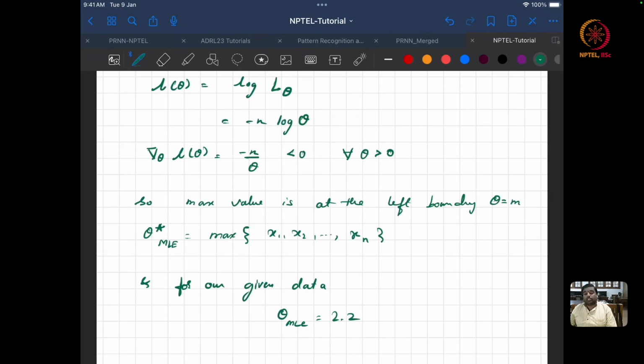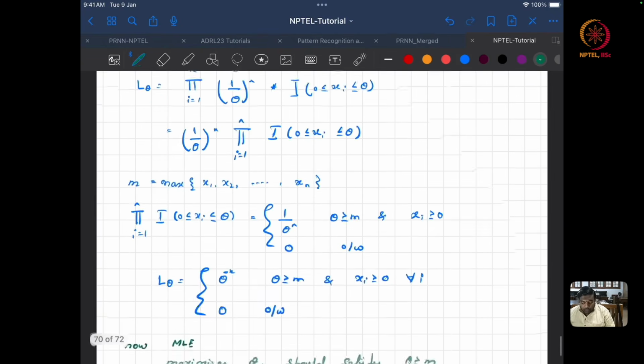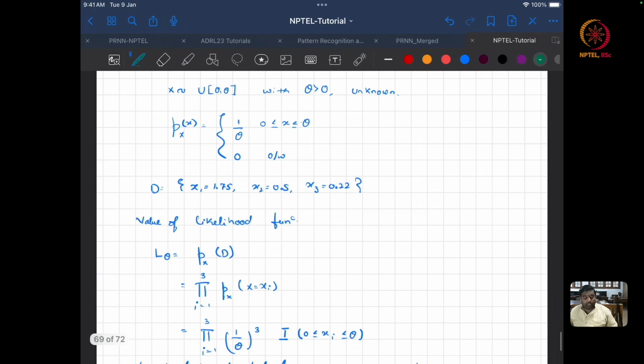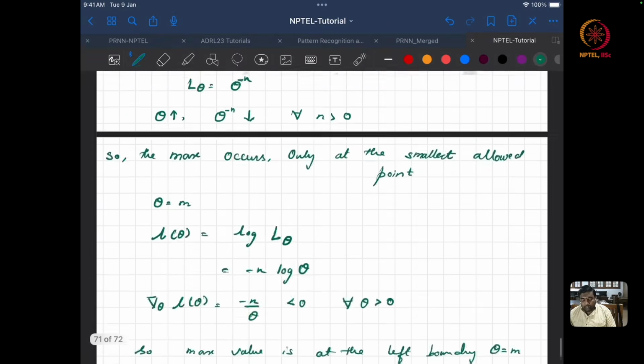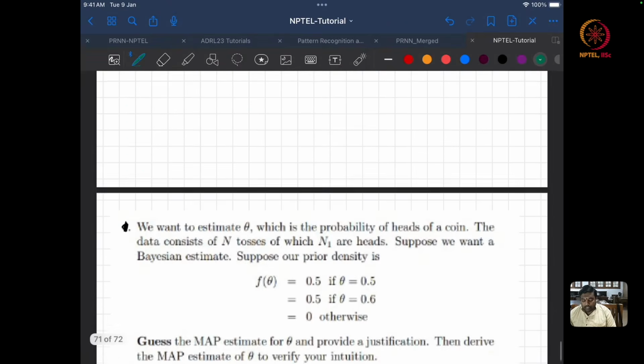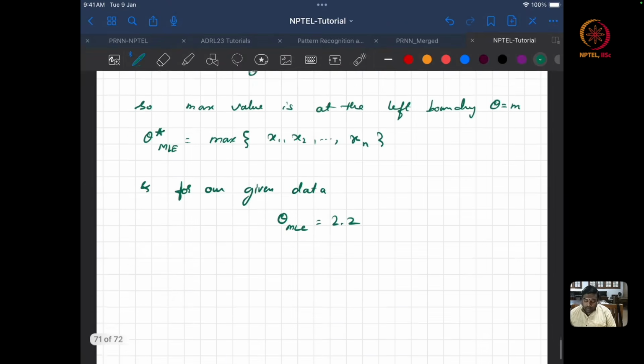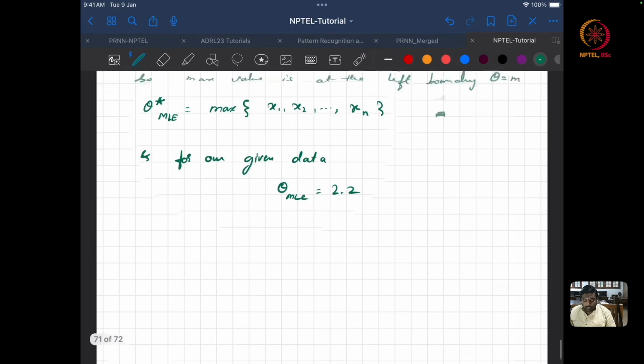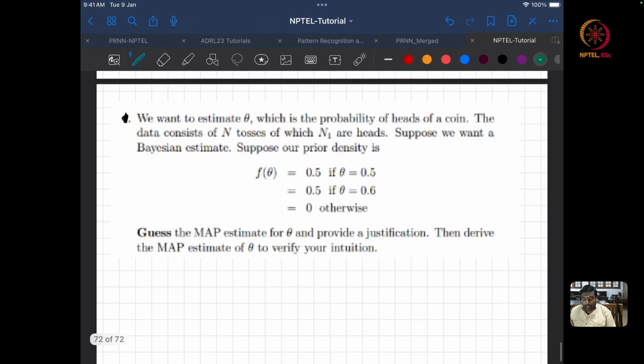Now this is just a small problem for you to see how you calculate the likelihood and then obtain the maximum value, just to indicate that it is a very simple and straightforward problem for us to work out. Okay, this is regarding the MLE estimate.